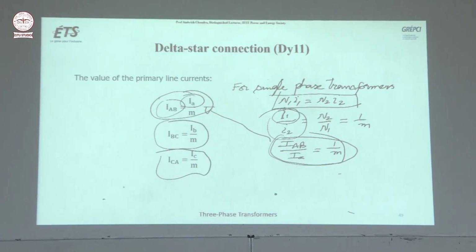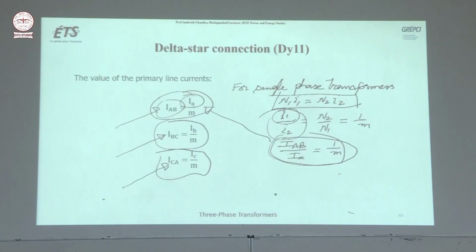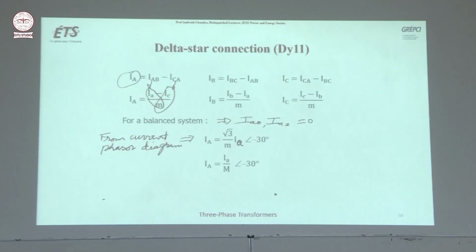All these are the currents in the primary of the single-phase transformers. Now IA, sorry, it is taking a long time to describe. IA is the primary line current, which will be equal to IAB going in this, minus ICA. Okay, so IA is equal to IAB minus ICA.